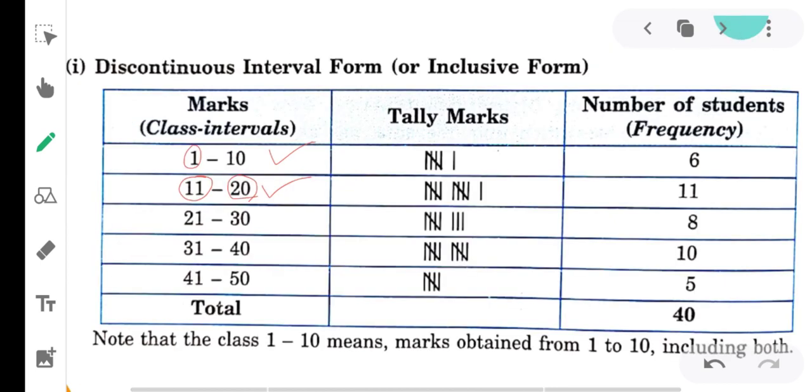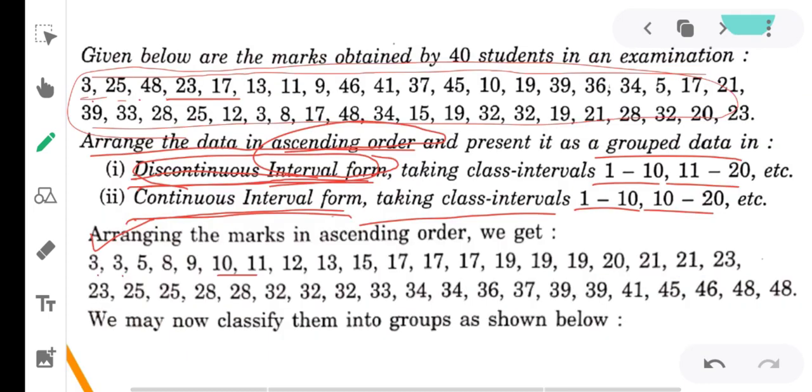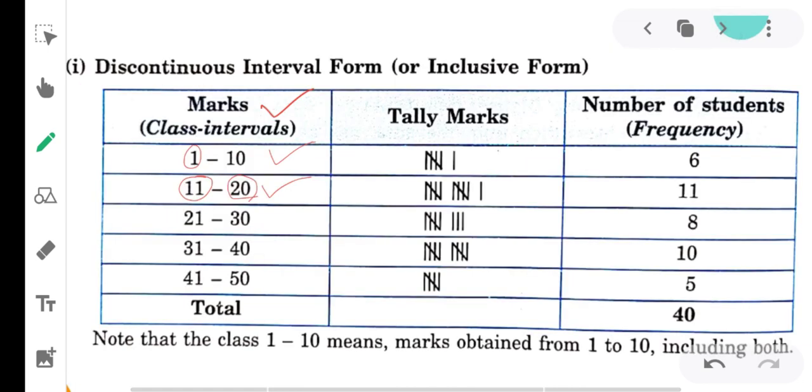So make the table. Write down marks, then class intervals, taking class intervals 1 to 10, 11 to 20, 21 to 30, 31 to 40, and 41 to 50.